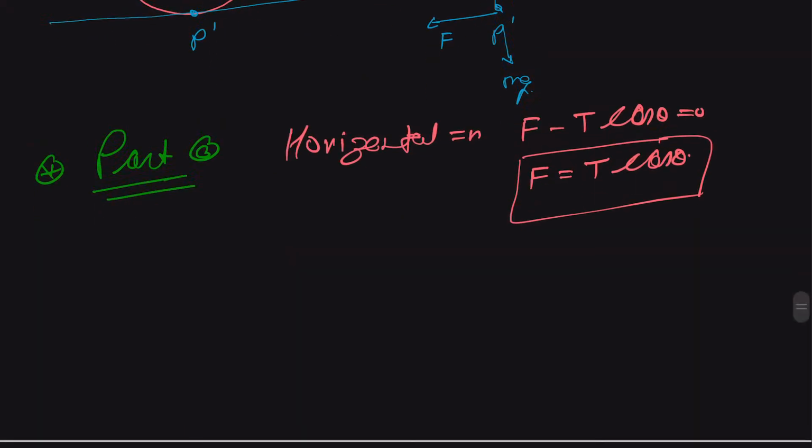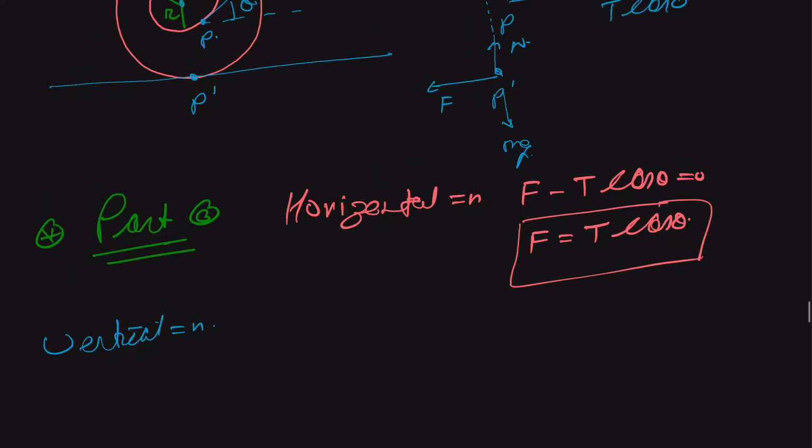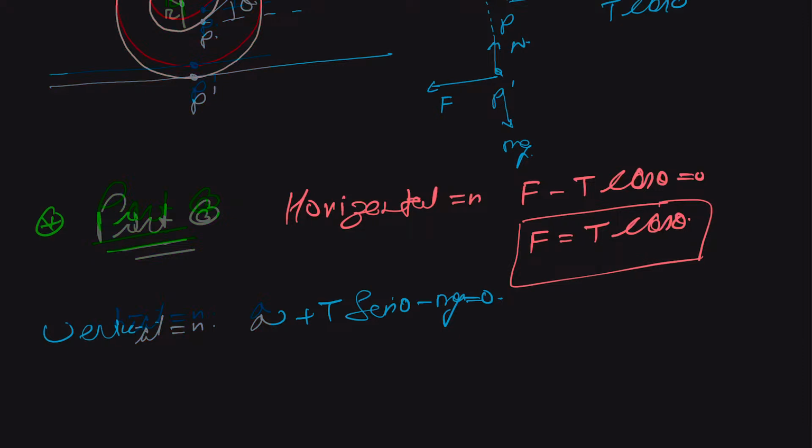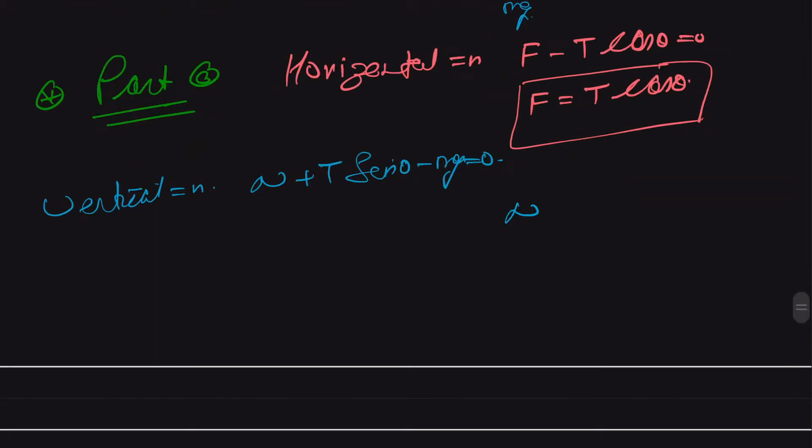And then we have a vertical equation. The vertical equation gives us n plus T sin of theta minus mg is equal to 0. From here we can write that n is equal to mg minus T sin of theta.